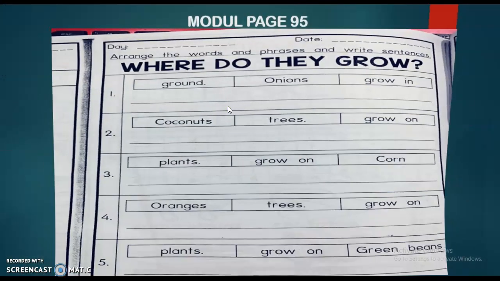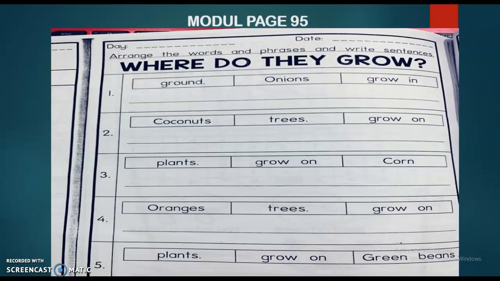Alright, so now, I want you to answer module page 95. First, you have to write the day here. Day is Sunday. Date is 5th September. 5 hari bulan 9 tahun 2021. And then where do they grow?